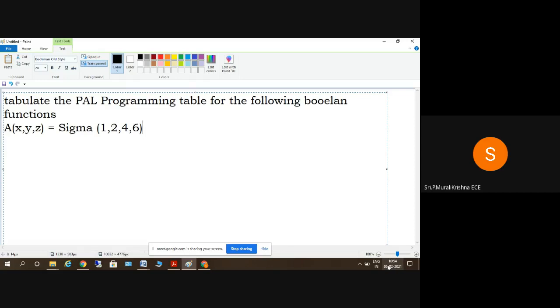And B of XYZ is sigma of 2, 3, 7. And C of XYZ is equal to sigma of 0, 4, 5, 6.